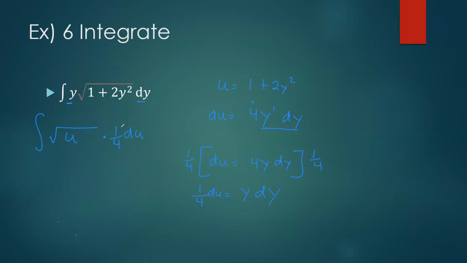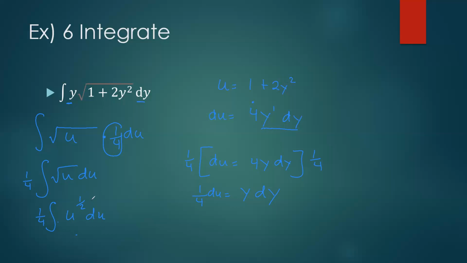And then 1/4 is a constant. So put that 1/4 on the left of the integral. So that'd be 1/4 square root of u du. And then continue with the integration rule. So if you want, you can rewrite square root of u as a power as u to the 1/2 du. And then what is the integral of u to the 1/2?